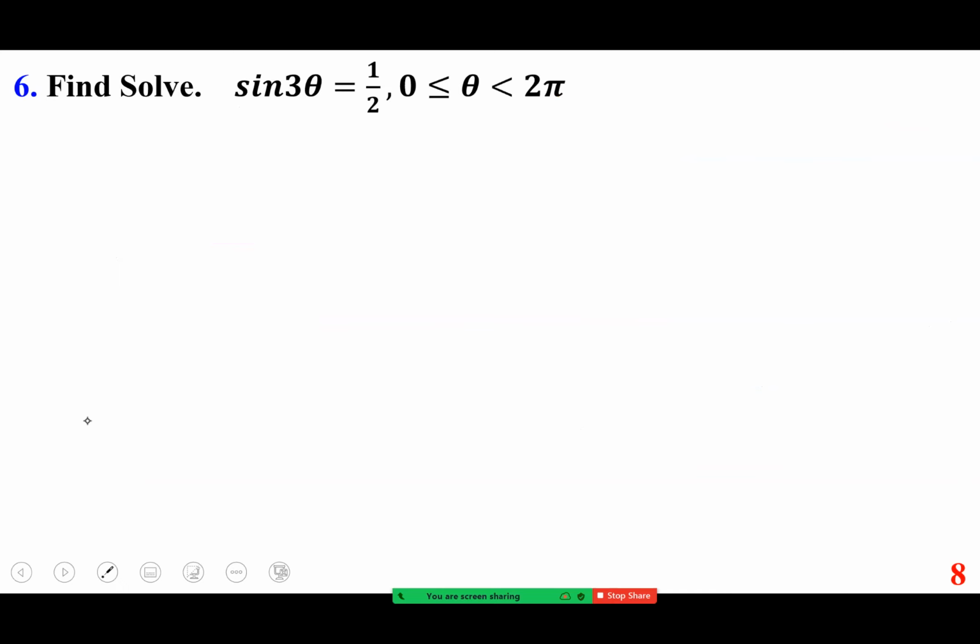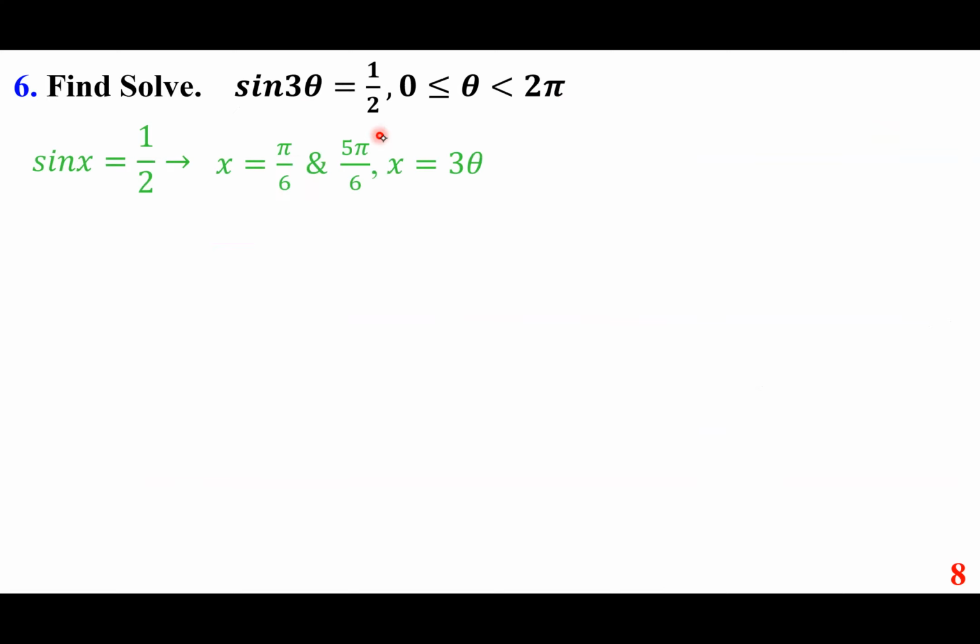We want to solve the equation sine 3 theta is 1/2 in the interval of 0 to 2 pi. We remember that sine x equals 1/2 gives us pi over 6 and 5 pi over 6. Now in this case, basically 3 theta is the x.